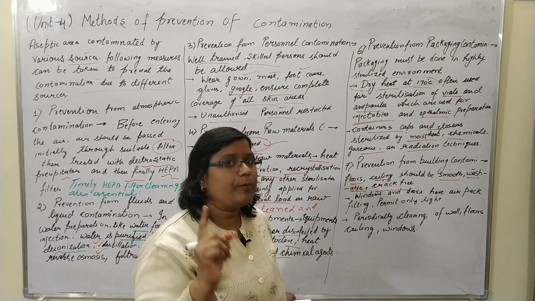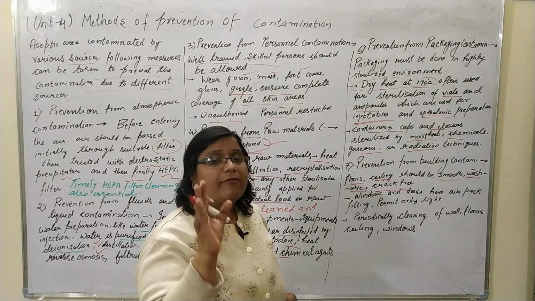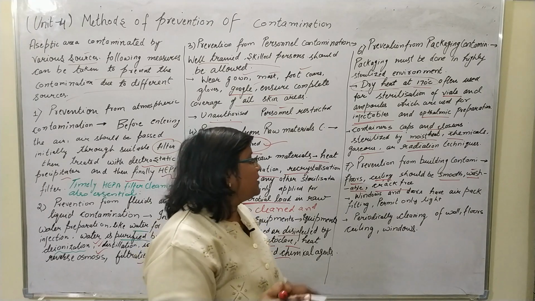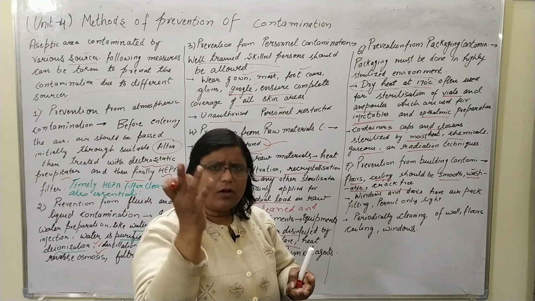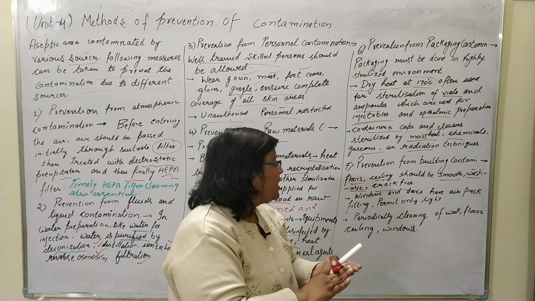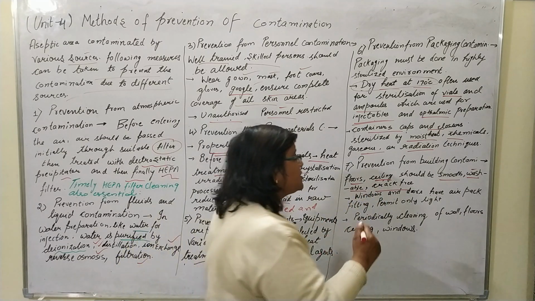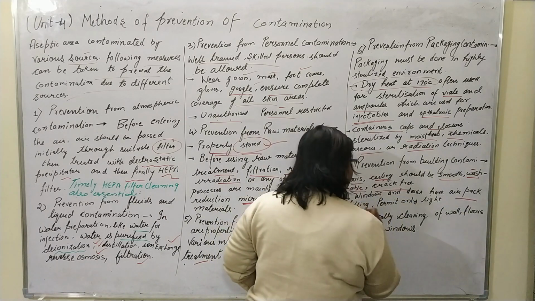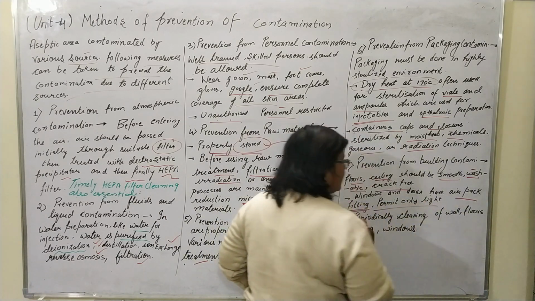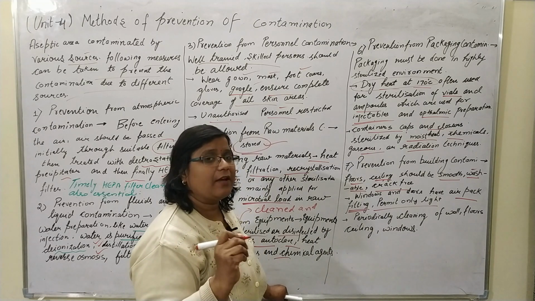We have to keep that in mind. Windows and doors should have air-tight fittings, and they should permit only light. We have to keep these things in mind.